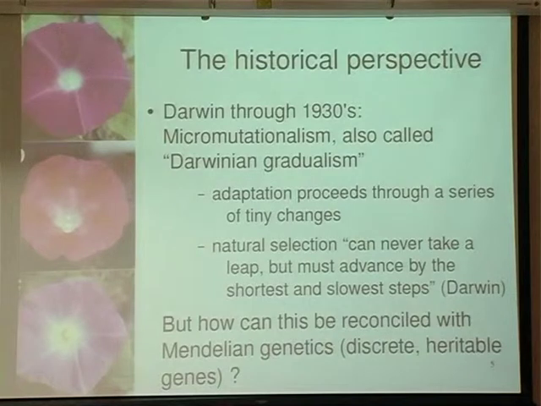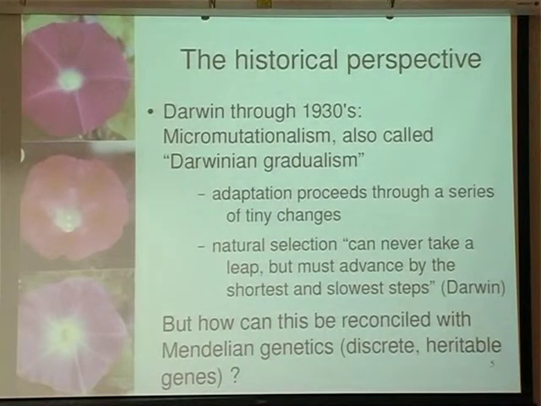So historically, here's where the history begins. Darwin himself, and right through to the 1930s, believed that mutations were very small and adaptation would have to proceed through a series of very tiny changes.